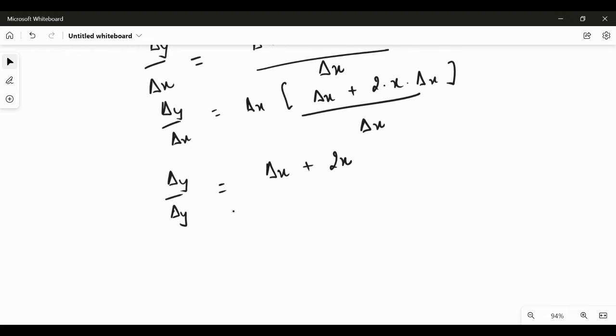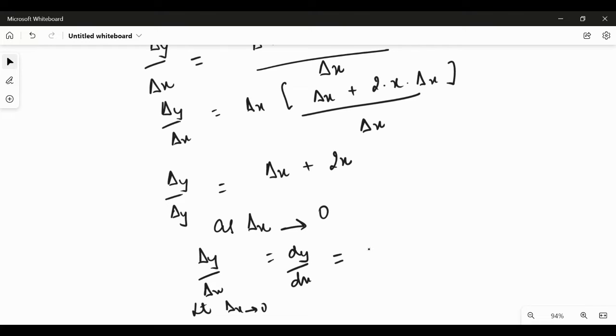Now the next step is applying limits, meaning delta x approaches toward 0. By applying the limits, what I will get is the limit of delta y by delta x is equal to dy by dx.